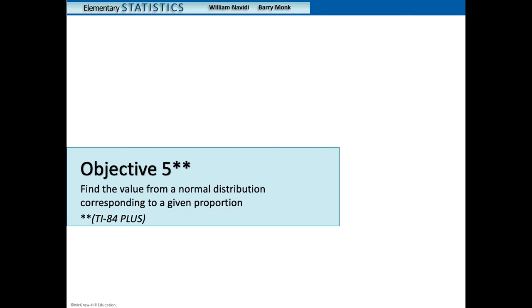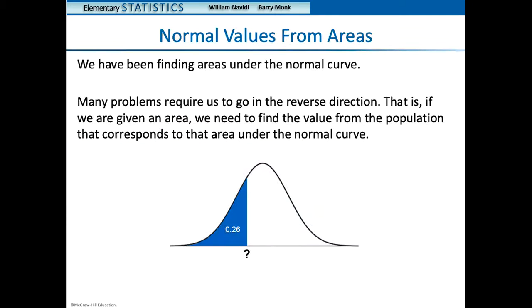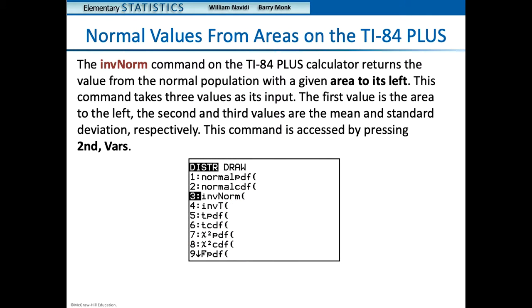Finally, let's go over how we can do the same thing using the TI-84. I've seen this slide already, so let's jump ahead. The command that we would want to use on the calculator for this is the inverse norm command. Again, it's also in the distribution menu, right underneath the normal CDF command, which we looked at earlier.